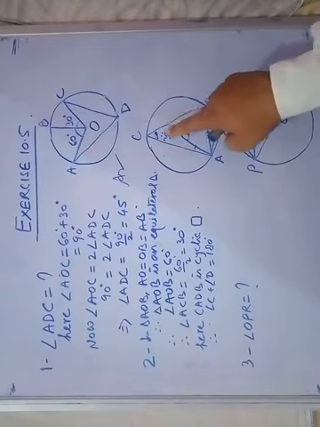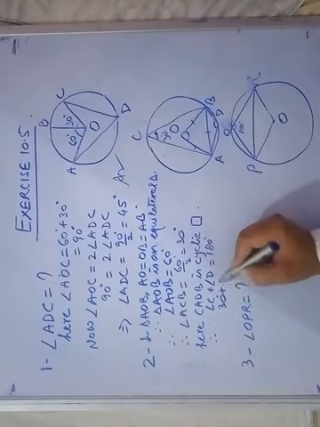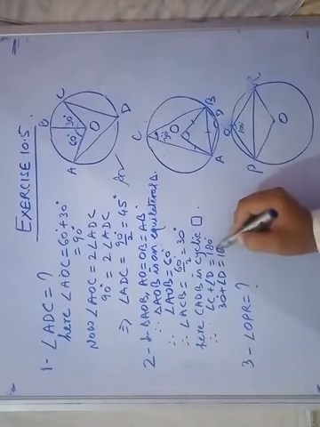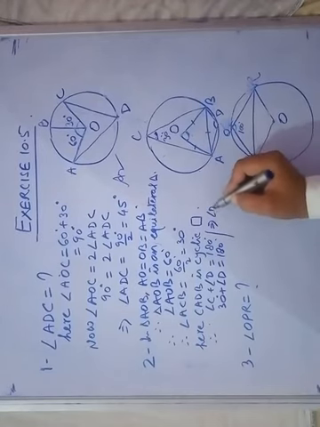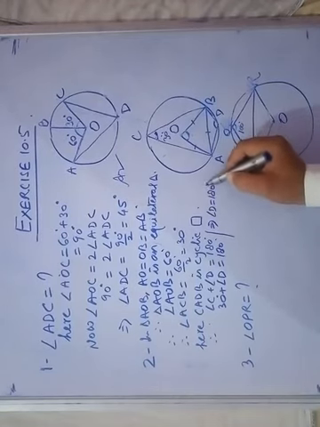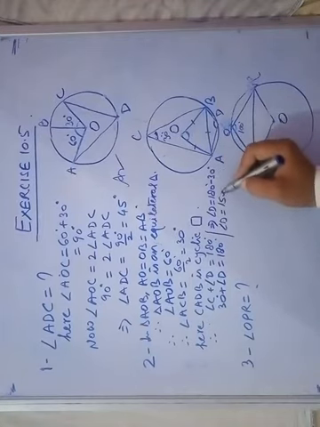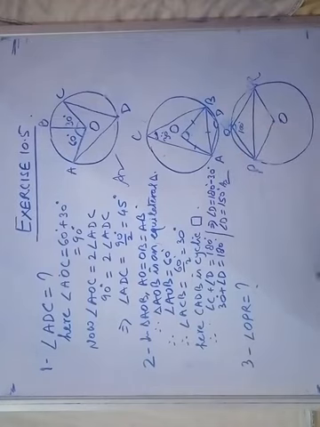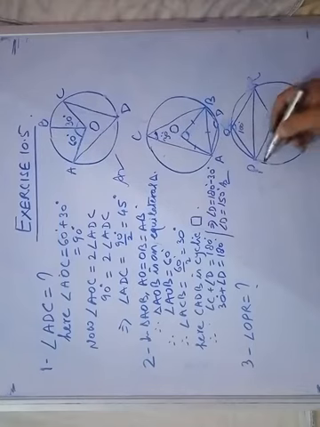So put the value of C: 30 degrees plus angle D equals 180. This implies angle D equals 180 minus 30, that is angle D equals 150 degrees. So this is the answer of the second question.